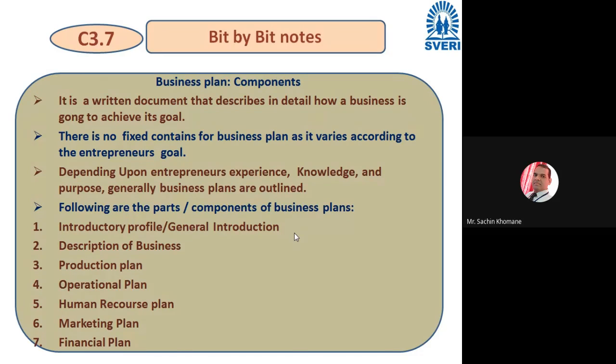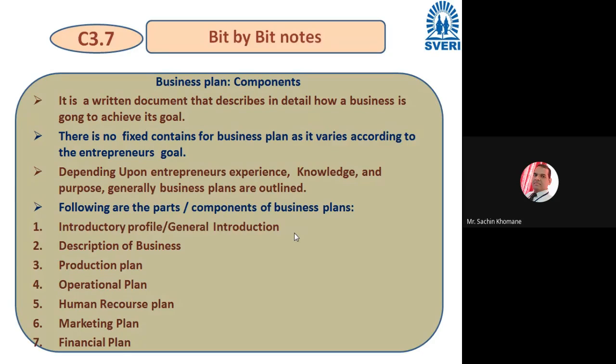Production plan, if there is no manufacturing involved, for example, a service organization that is providing only service, for example, the IT sector, software services. Such organizations are called service organizations.